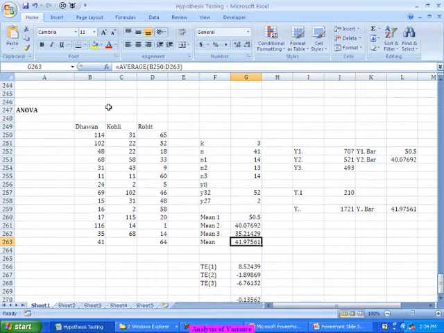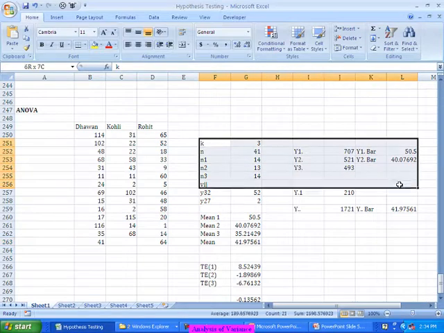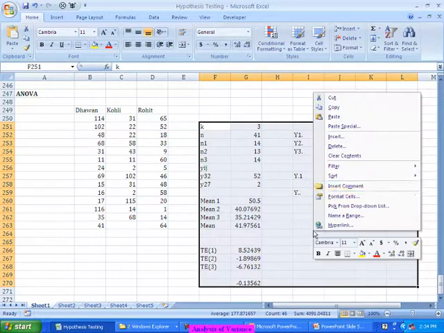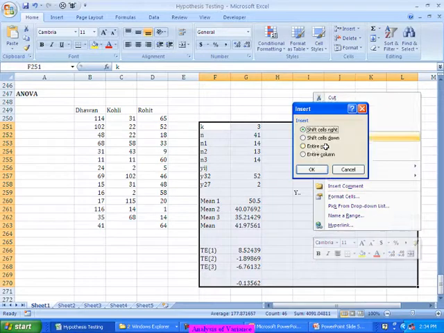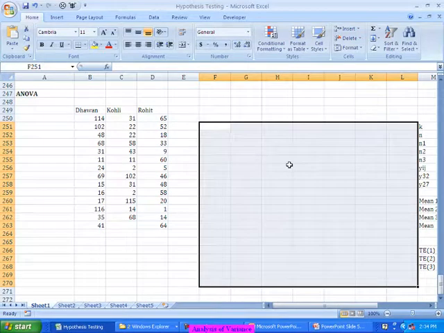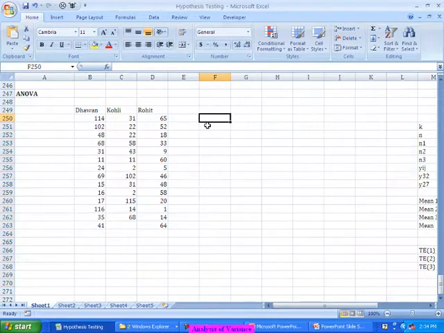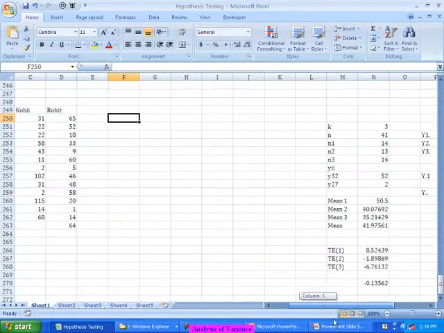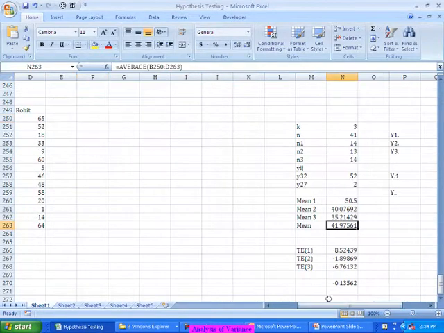Now, what we are saying is, I'll insert few new columns here. Now we know that this is the overall mean 41.97.